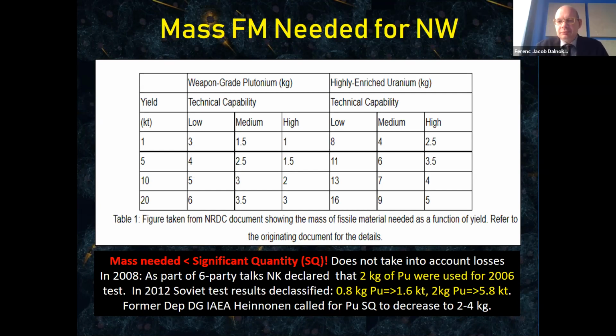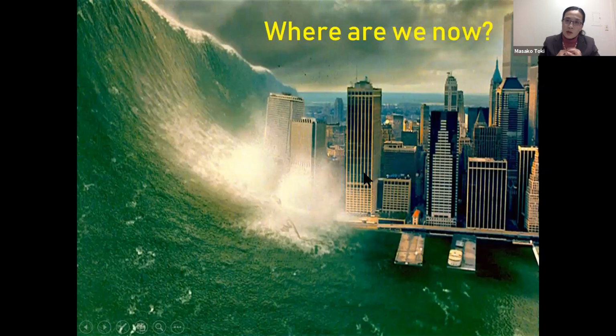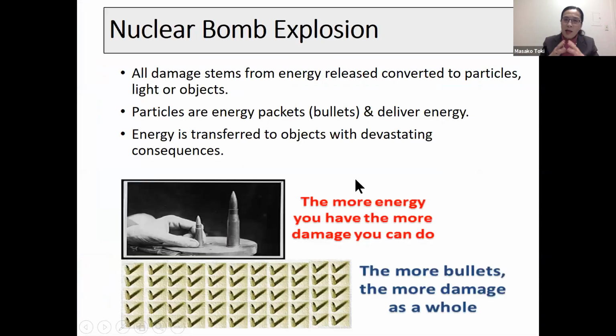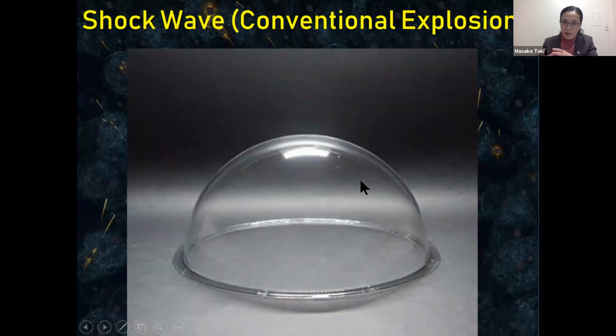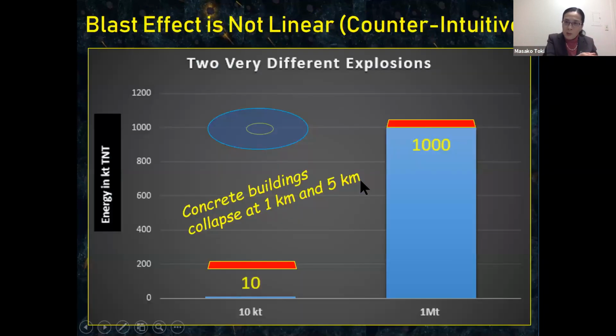Compared to a 10 kiloton bomb and a 1 megaton bomb, it's not 100 times the blast effect. Exactly. So I came to a question: what's the main difference between smaller nuclear weapons, like a Hiroshima type, and modern nuclear weapons, like a megaton size bomb? Right. It's really design.